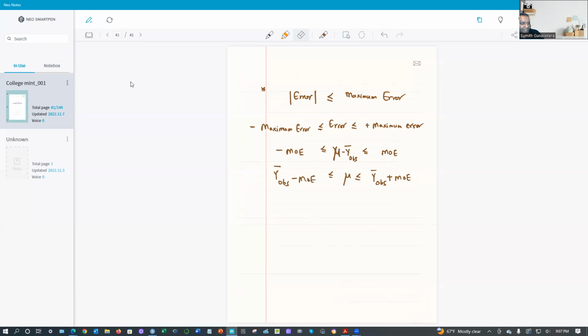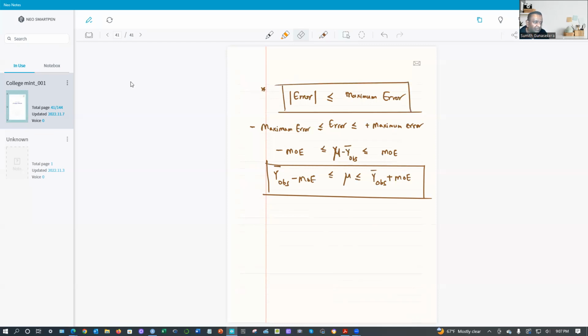That's what is called the confidence interval. It's the same thing, it has to be within that. I'm going to write it this way: the confidence interval for mu should be between y bar minus MOE all the way up to y bar plus MOE.